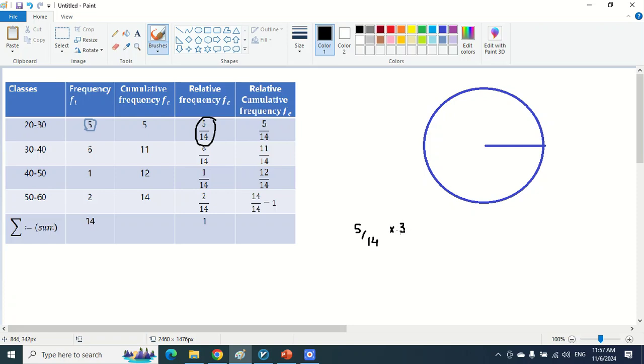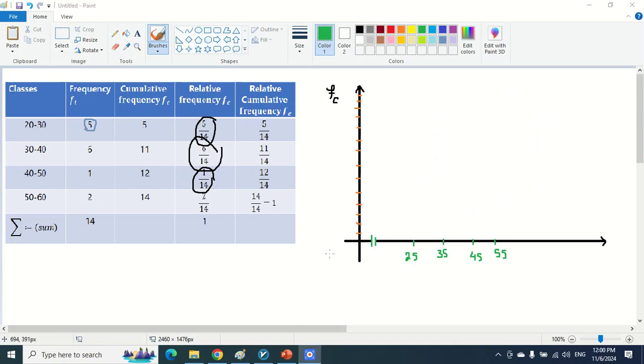When we calculate that, it will be equal to approximately 129. So this 129 will be the angle for the first part. So this angle should be 129, and the remaining ones should be considered in a similar way as well. For the second one, you multiply this value and the next value as well, and based on that, you can have a chart.